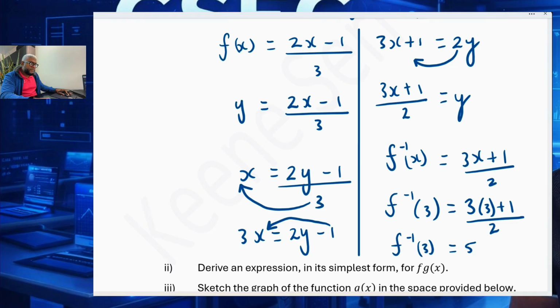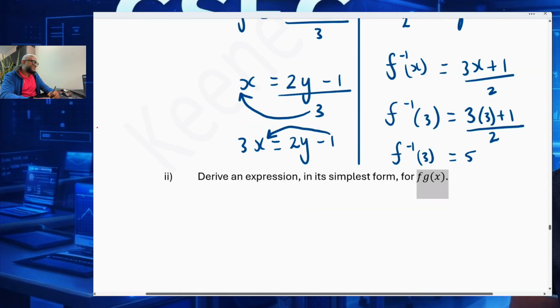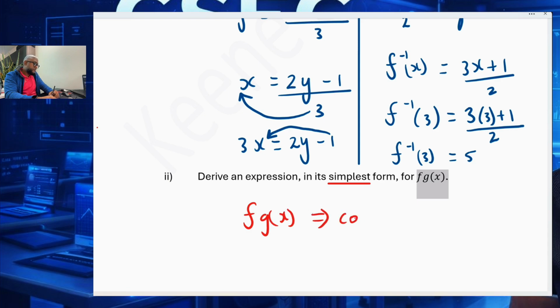Talk done. So derive an expression in its simplest form. Now I said the word simplest, so you need to break it right down. For f g of x, this is my composite function. A composite function is a function into a function.